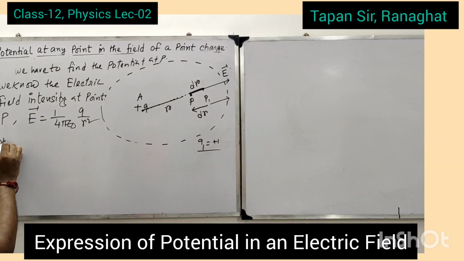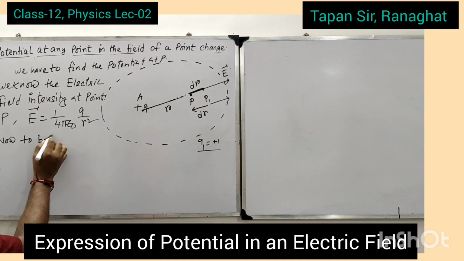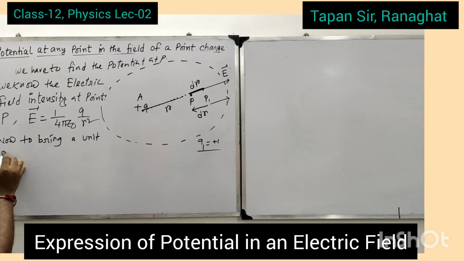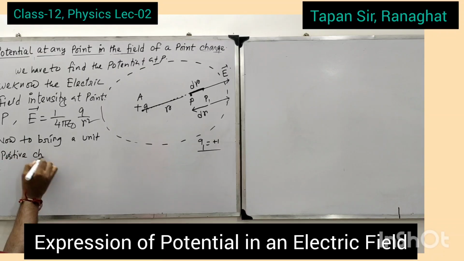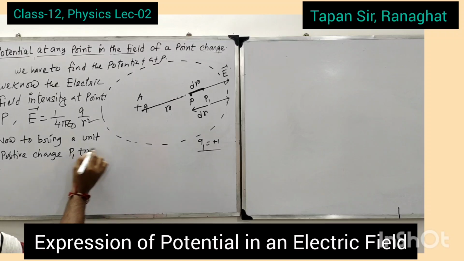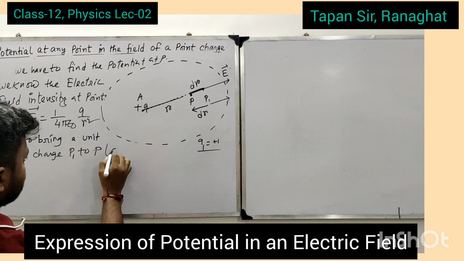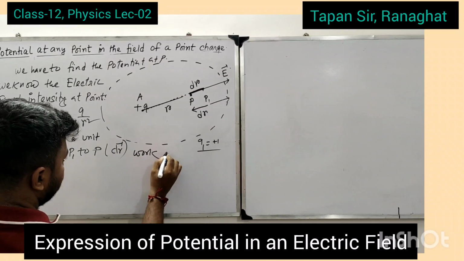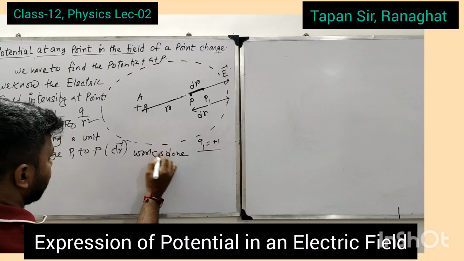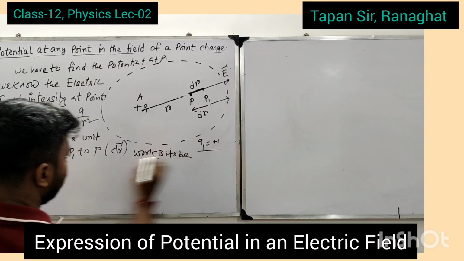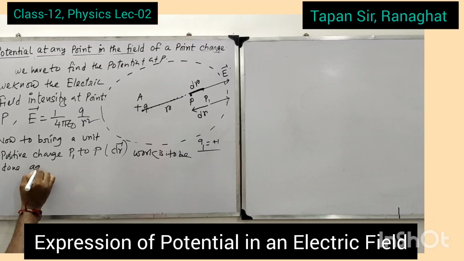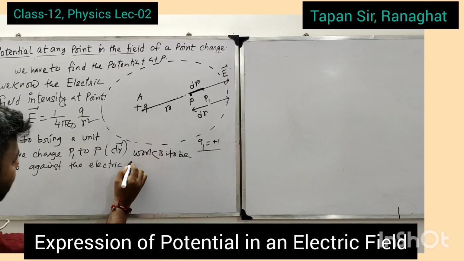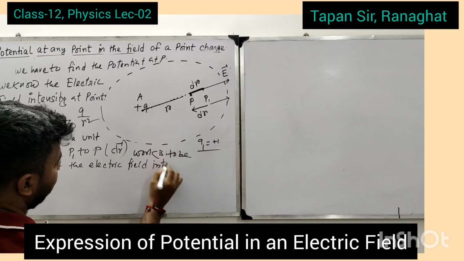Now to bring a unit positive charge from P1 to P, ओके डिस्प्लेसमेंट कितना है, डिस्प्लेसमेंट dr, वर्क डन, work is to be done against the electric field intensity, ठीक है.